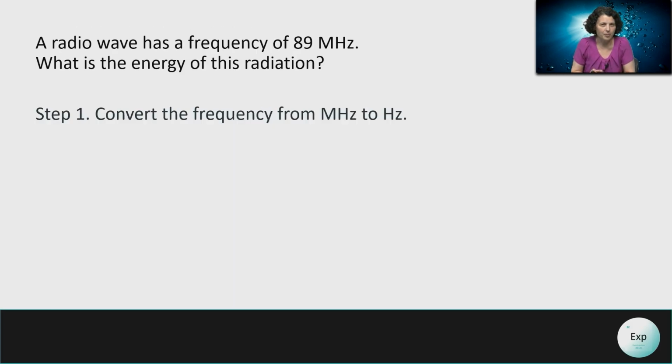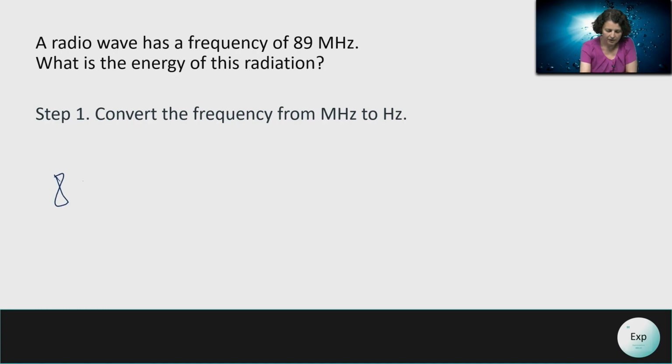Another type of problem that can come up is to determine the energy if we are provided either the frequency or the wavelength of a type of radiation. Here we have a radio wave with a frequency of 89 megahertz. Before we can do any kind of manipulations or use Planck's law, we have to convert our megahertz into our base units for frequency.